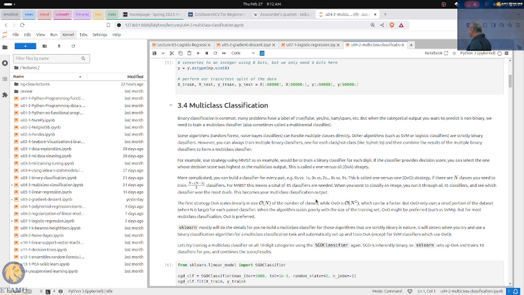So if we extended that out, we build a 0 classifier, 0 not 0, 1 not 1, 2 not 2. You would end up with 10 classifiers for the MNIST data set that has 10 classes. And then basically it becomes a winner take all.